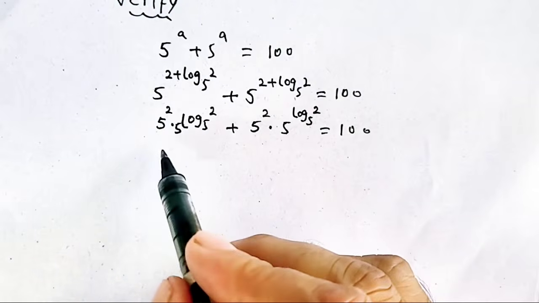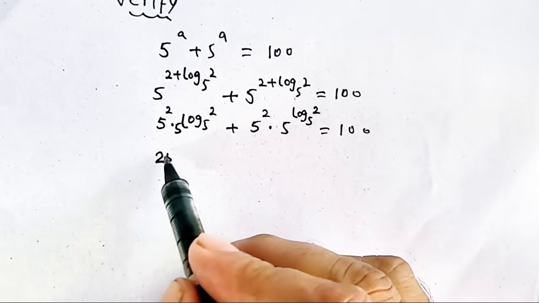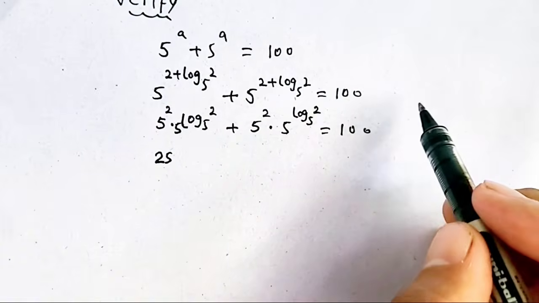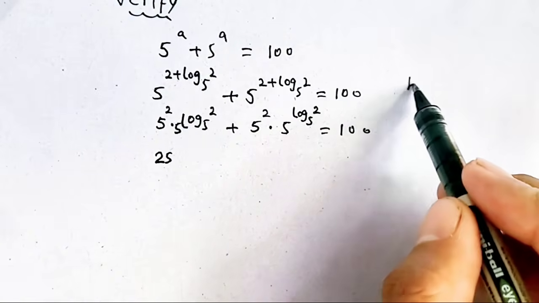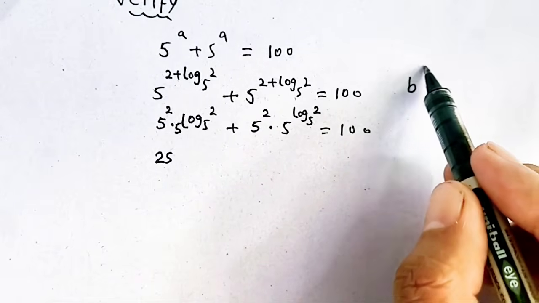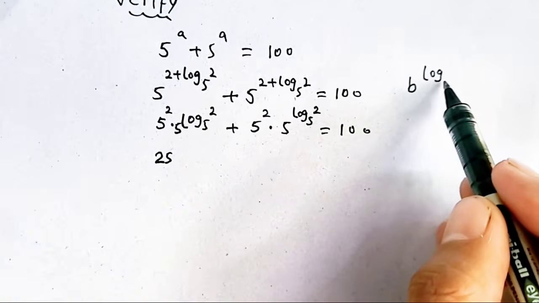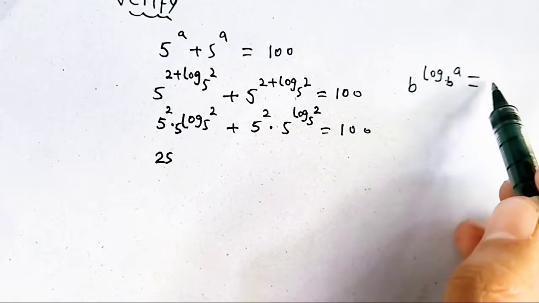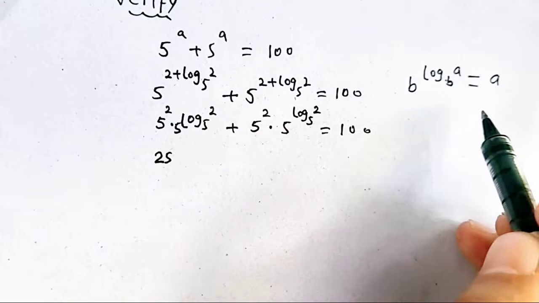So 5 squared is 25, and here we apply a rule. The rule is b raised to log base b of a will be equal to a.